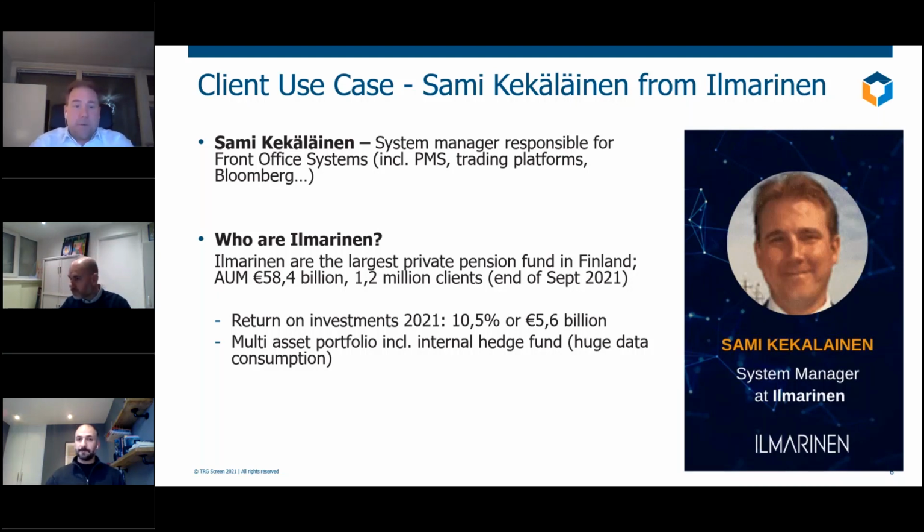Ilmarinen as a company is the oldest and largest private pension fund in Finland. At the moment, we manage roughly a 60 billion euro portfolio, providing insurance and pensions for 1.2 million clients in Finland, which is roughly one fifth, about 20%, of the Finnish population.